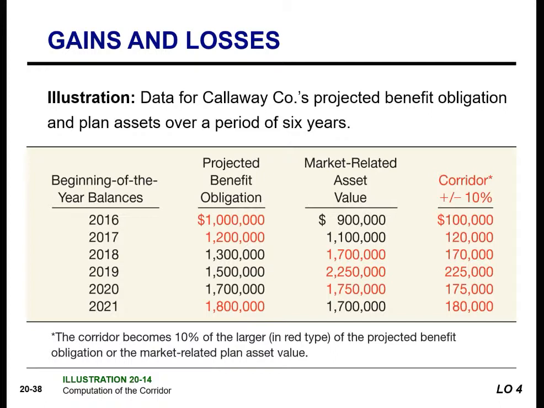In 2019, though, there's a $1.5 million projected benefit obligation and a $2.25 million market-related asset value. So the corridor in this case is $225,000 or 10% of the market-related asset value. So you can see how this works. We choose whichever one is larger and it's 10% of that. And that is your corridor plus or minus.